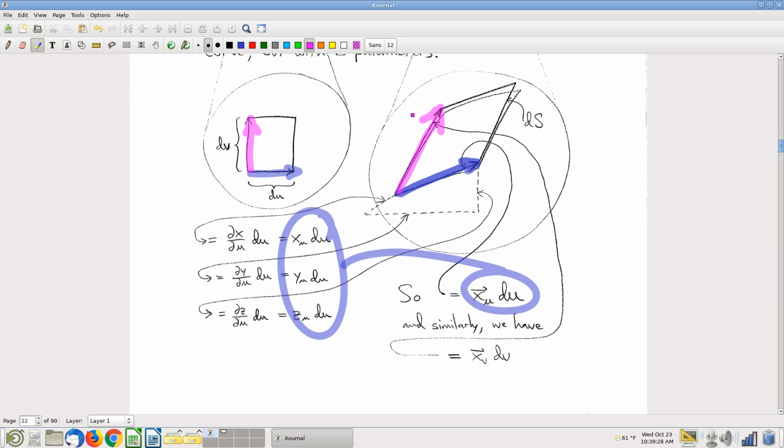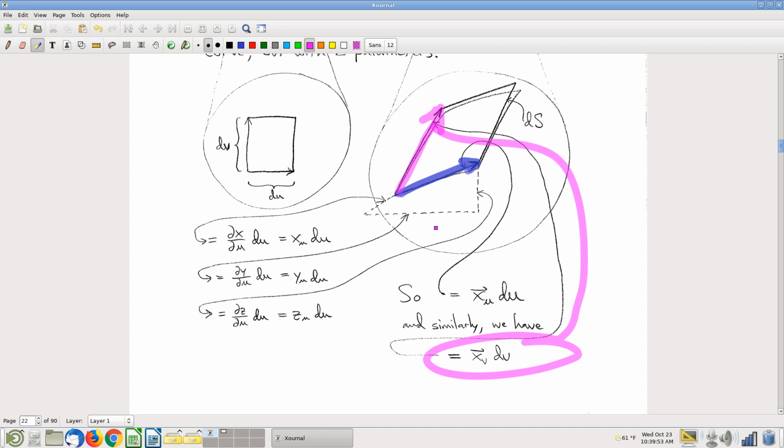And how would you compute its coordinates? What do you end up with? And side note, the answer is going to be x_v dv. It's what you would guess by analogy, right? So that's good news. But to think about the arguments, think about how you would draw the picture, and persuade yourself that that's true. Okay. All right. So, good deal.